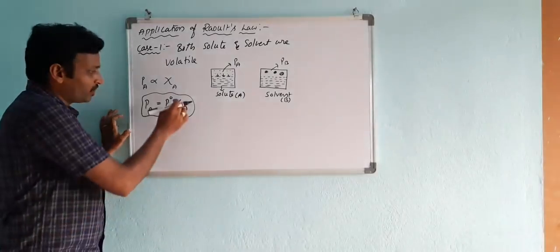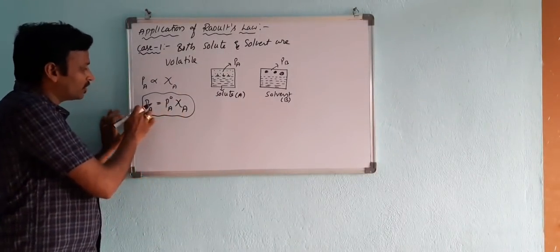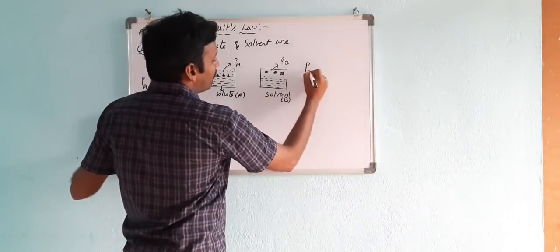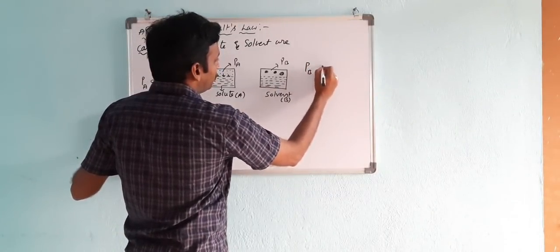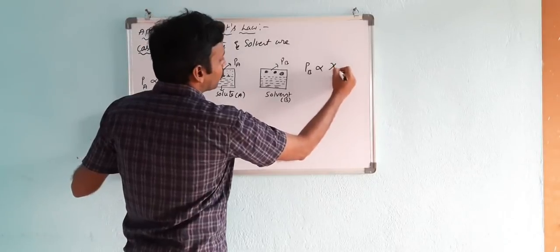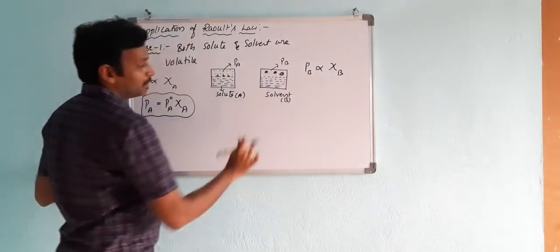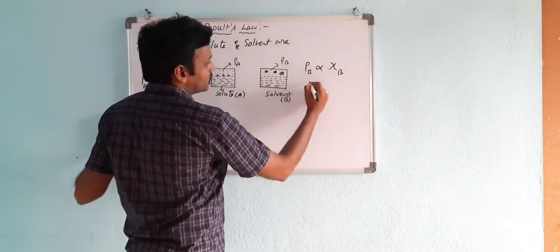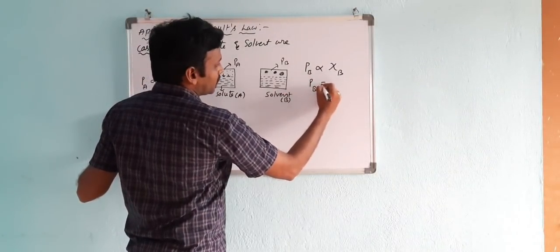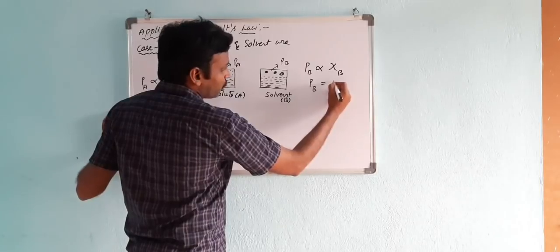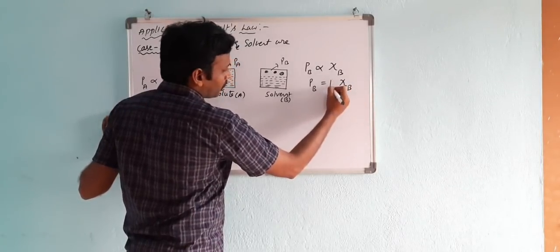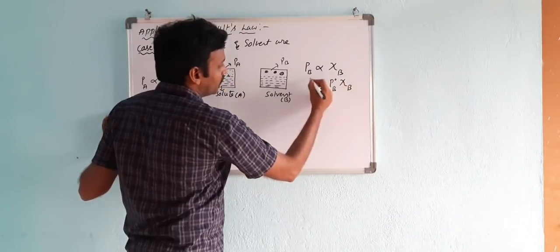If it is 0.9 something, it will be different. Getting what I am saying? Similarly, the vapor pressure PB is proportional to the mole fraction of B. B means solvent here; I wrote solute is A and solvent is B. So PB is equal to PB naught times the mole fraction of B.